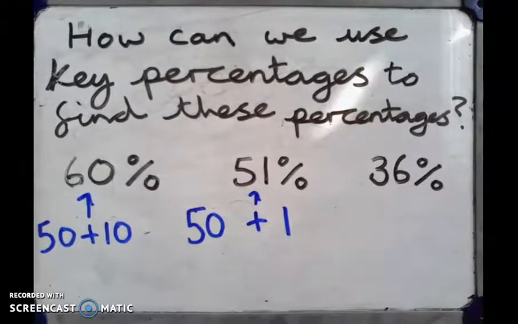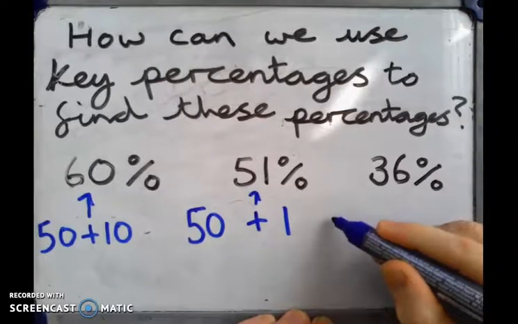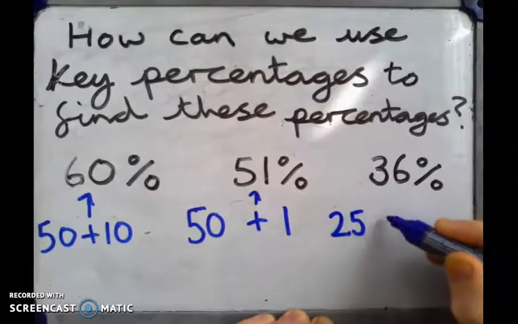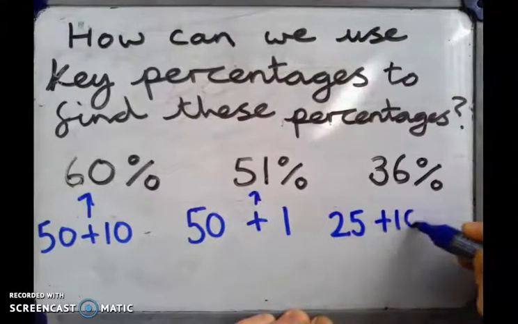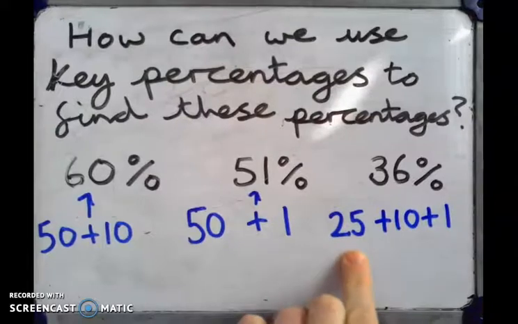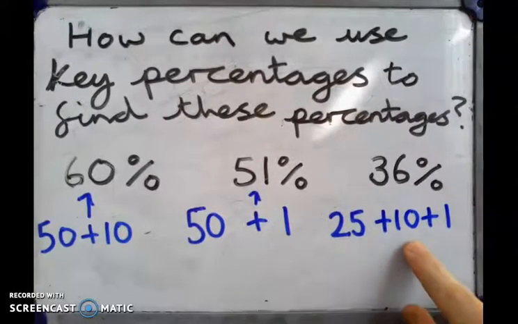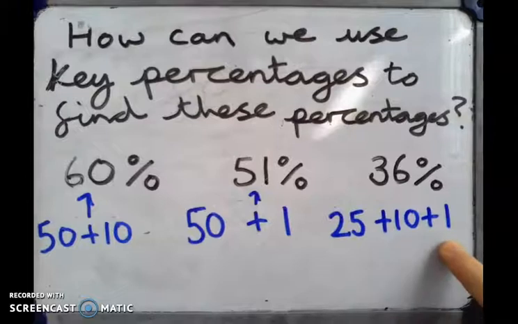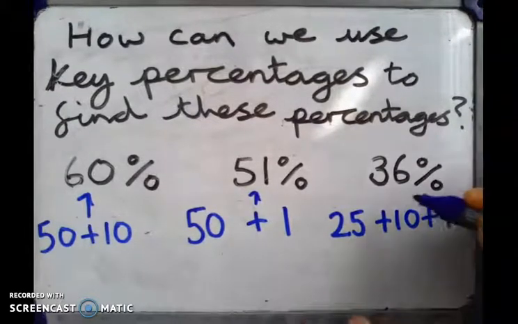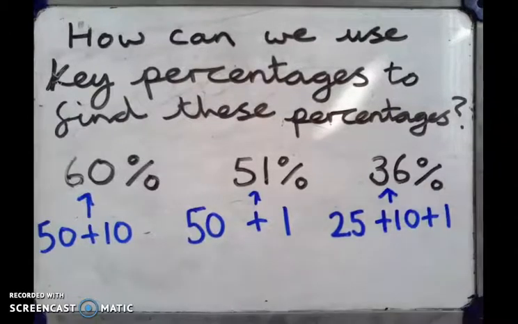Well, 36 is made up of 25 and 10 and 1. If we find 25% of a number, 10% of a number and 1% of a number, add those three together, we can find 36% of a number.